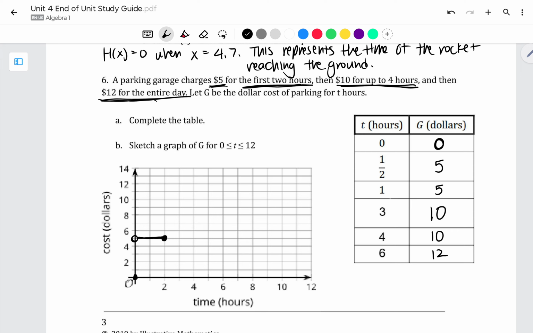As soon as 2 hours passes, you jump all the way to $10 from 2 to 4 hours. It's going to look like this. And then it's going to be $12 for the entire day after 4 hours, so it's going to go all the way like that.